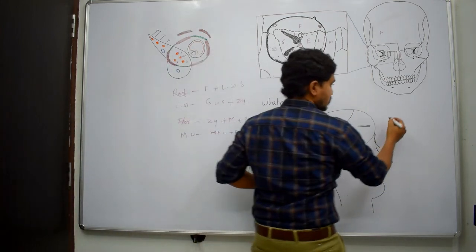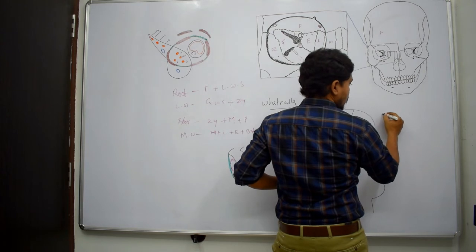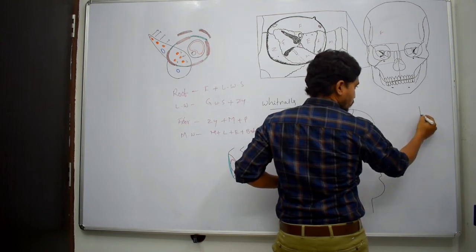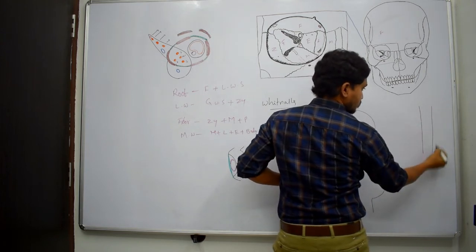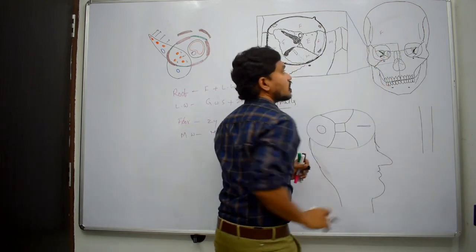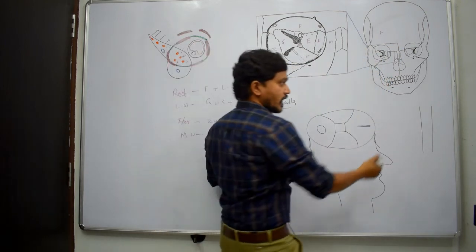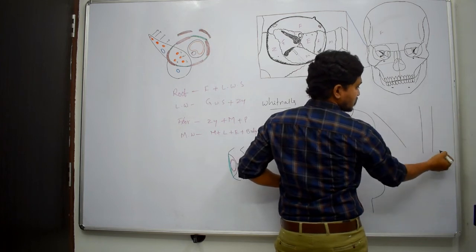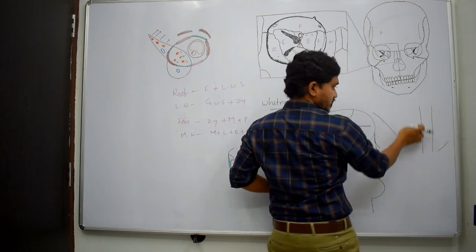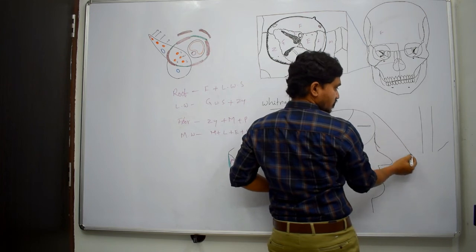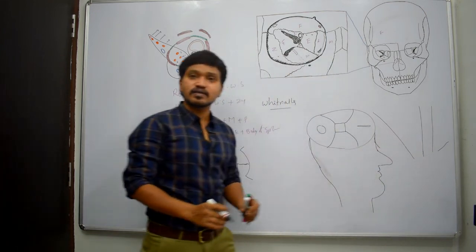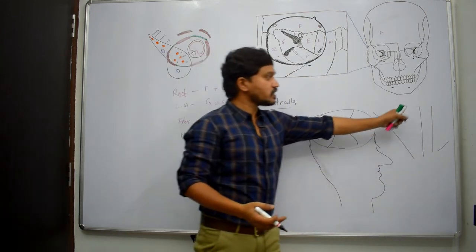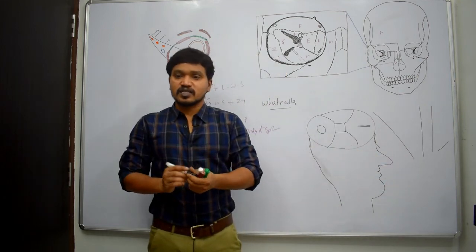If you want to see that, see, medial walls are parallel to each other. See, medial walls of bony orbit are parallel to each other, but lateral walls are at right angle to each other. See, this is medial wall, this is lateral wall. Right? Lateral walls are at right angle to each other, but the medial walls are parallel to each other.